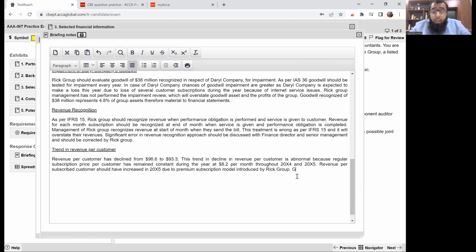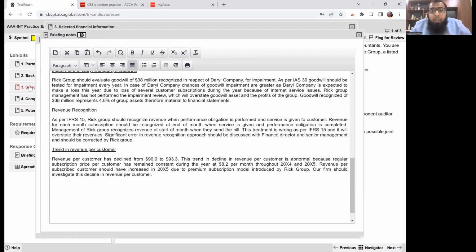Okay, our firm should investigate this decline in revenue per customer. Now, this is the action which you should be taking.